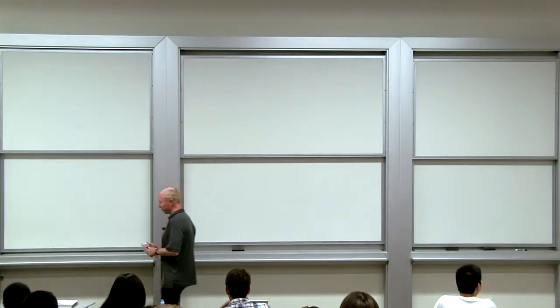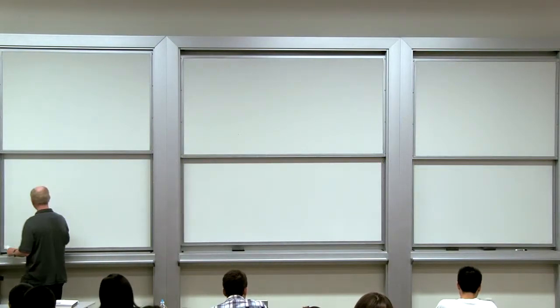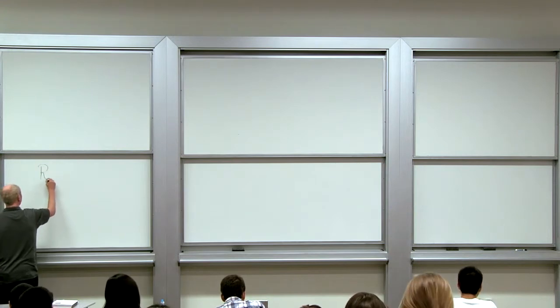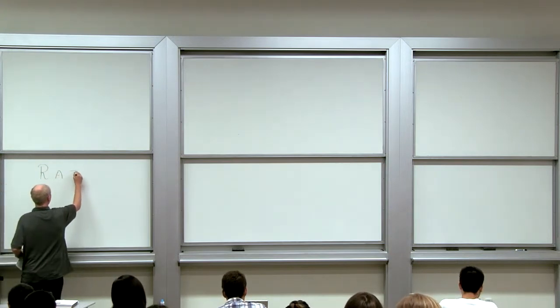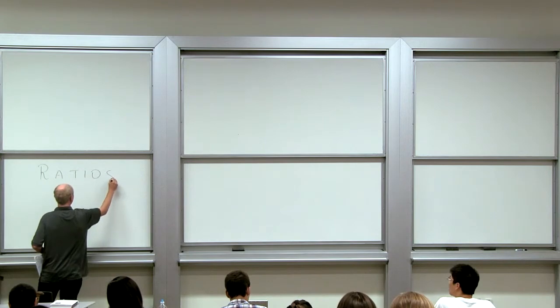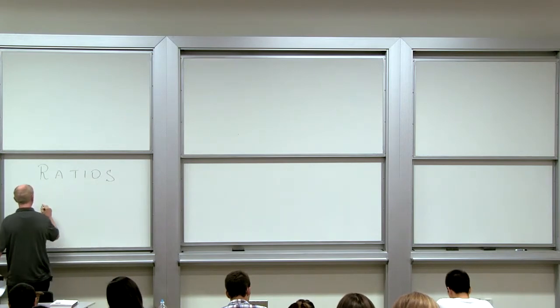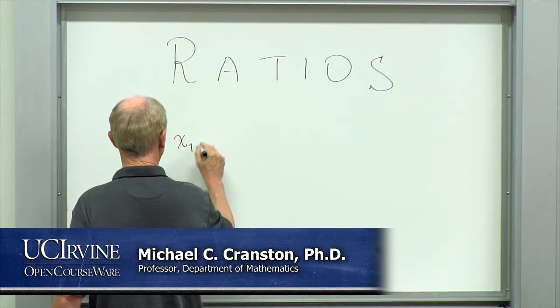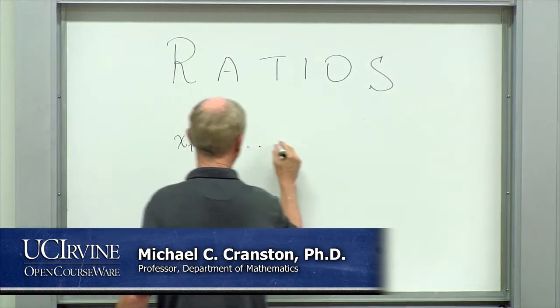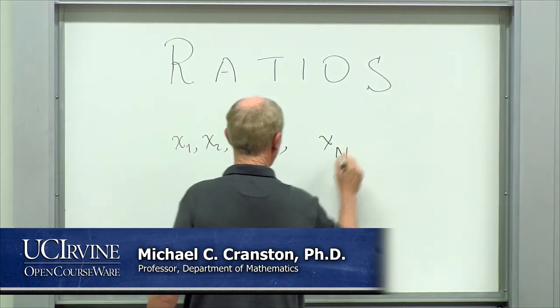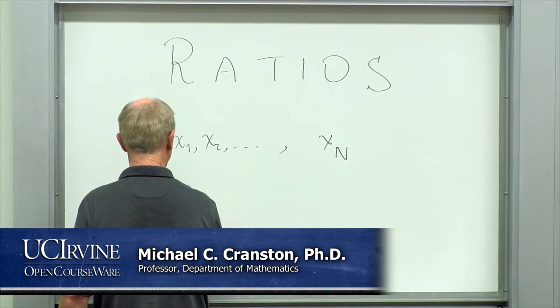Our discussion of ratios. And we have two values assigned to elements of a population.